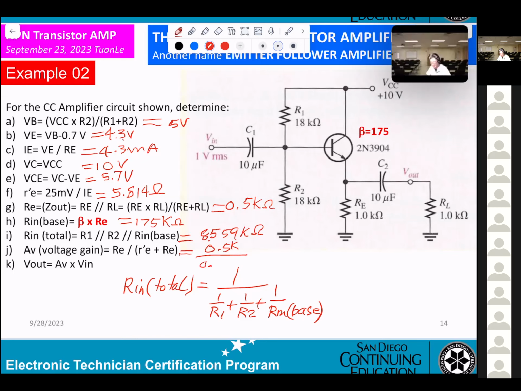Let's see. R prime E is 5.814 ohm. What do you get for AV? Okay, hold on.